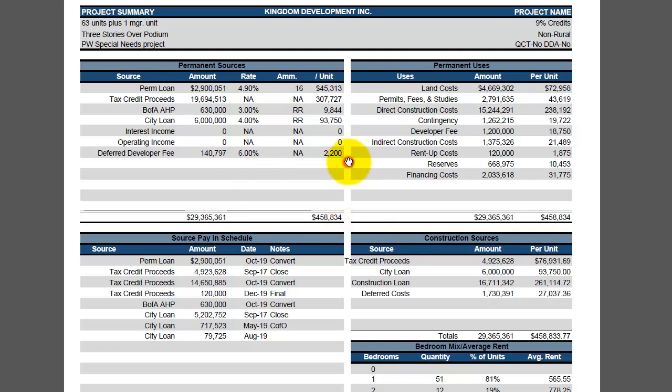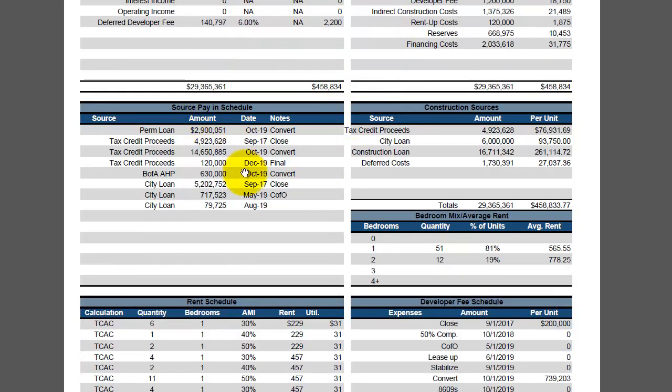Underneath these, we have the source pay-in schedule. This shows you some of the larger pay-ins or funding that's going to happen during the transaction, and it reminds people when those fundings are going to happen. Are these monies going to come in at perm conversion, or are they going to come in at closing?